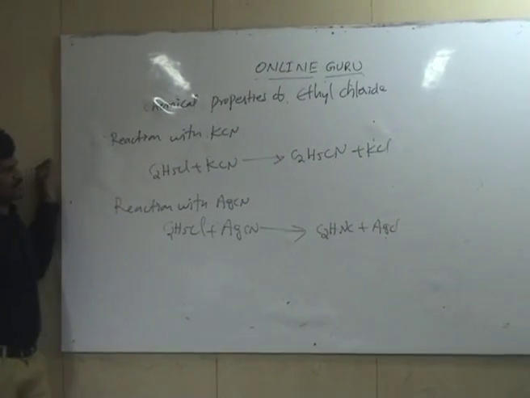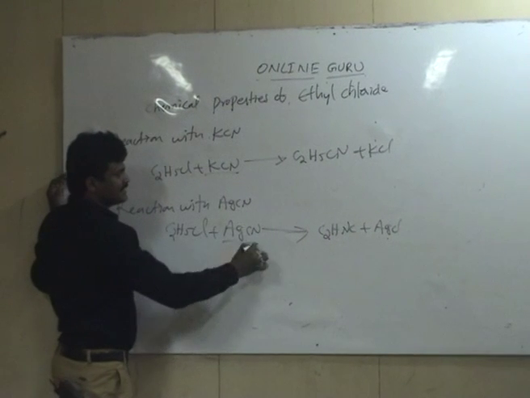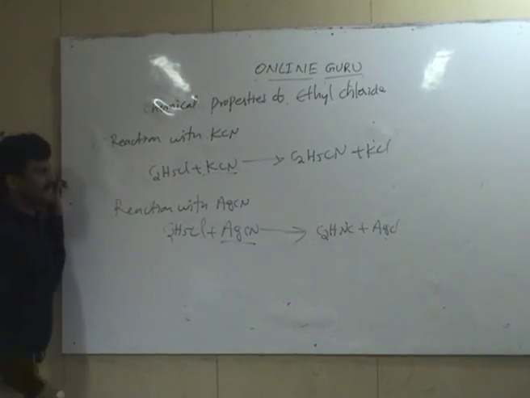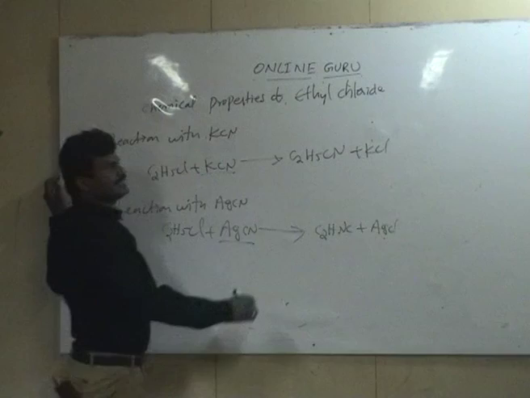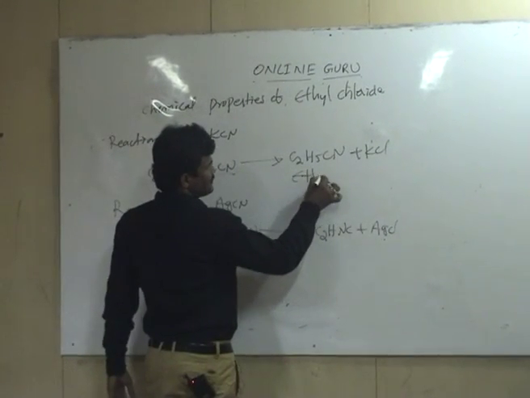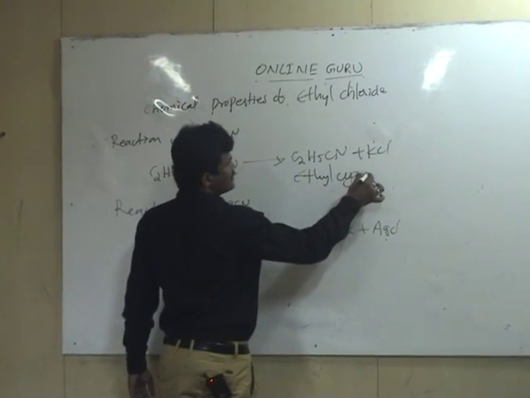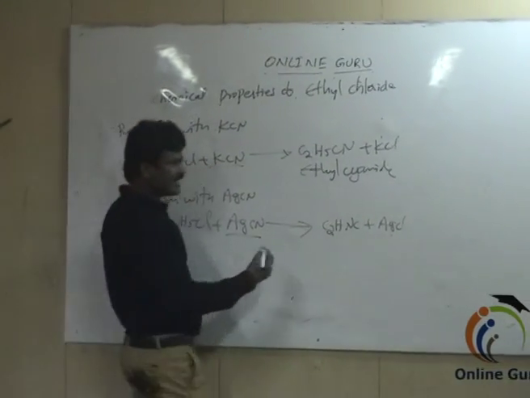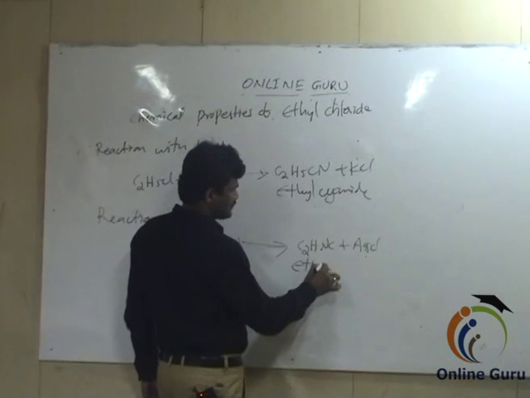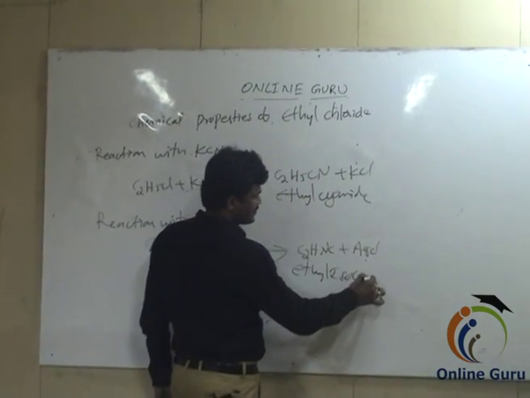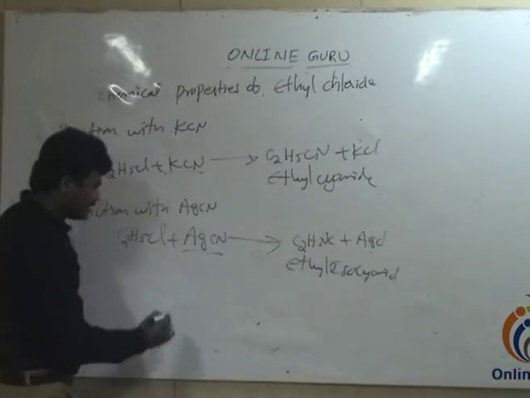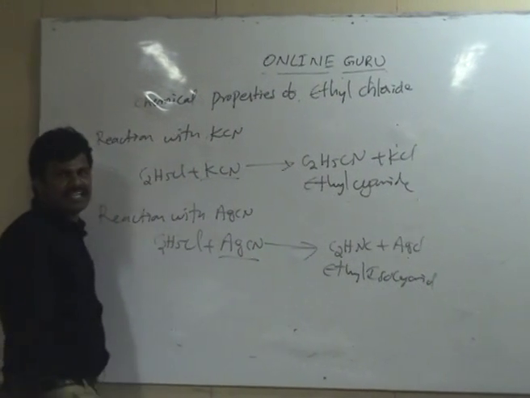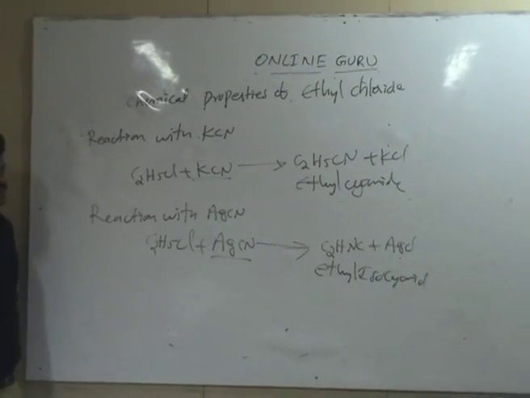What is the difference between KCN and AgCN? KCN gives ethyl cyanide, but AgCN gives ethyl isocyanide. Ethyl cyanide and ethyl isocyanide exhibit functional group isomerism.